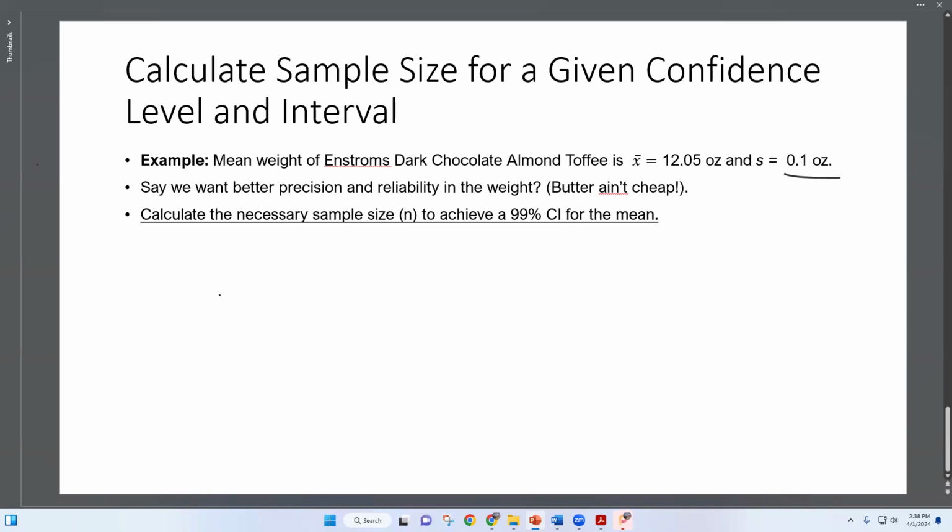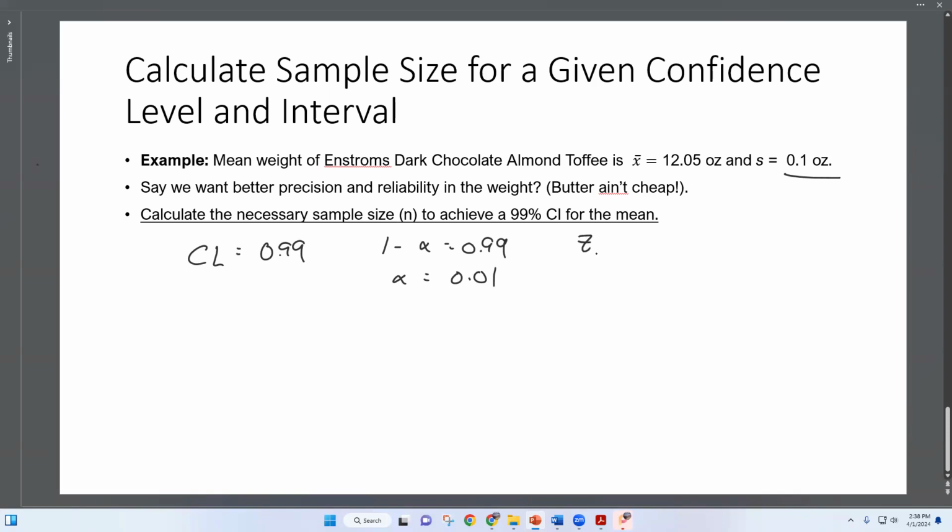So let's figure this out. We've got our confidence level equal to 0.99. So 1 minus alpha is 0.99, and then alpha is 0.01.